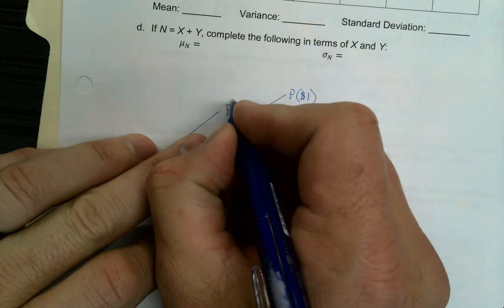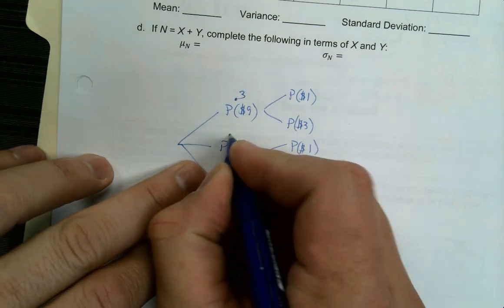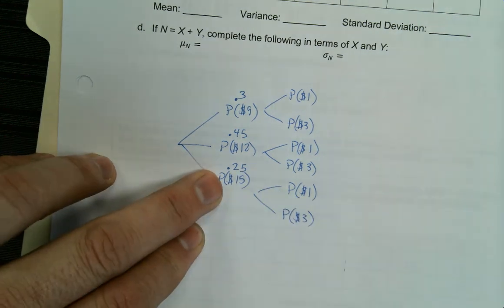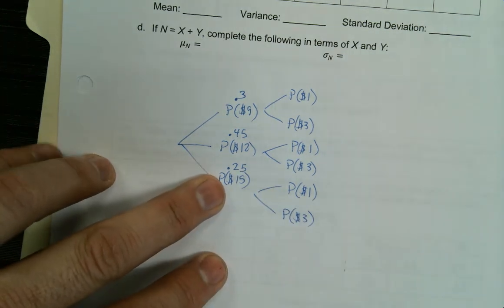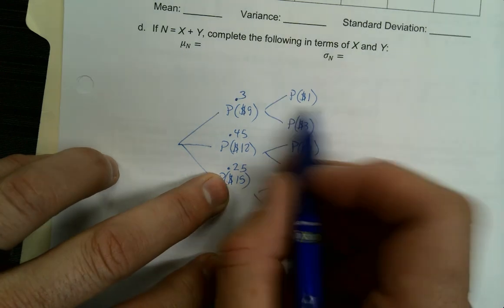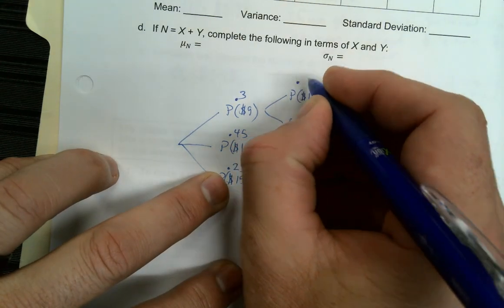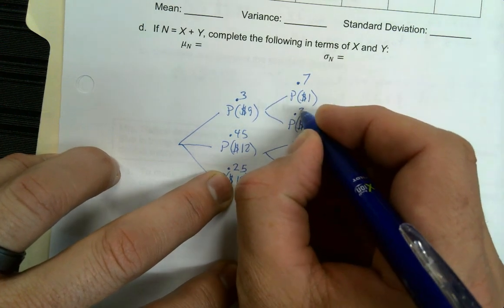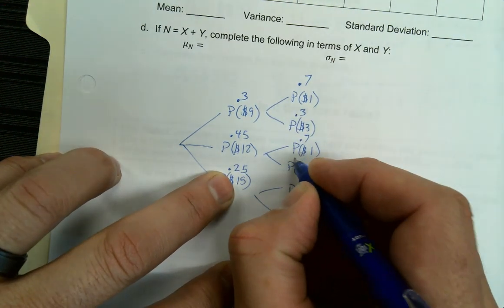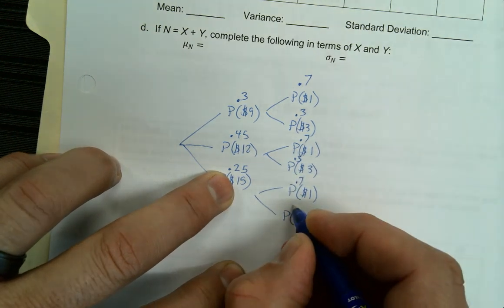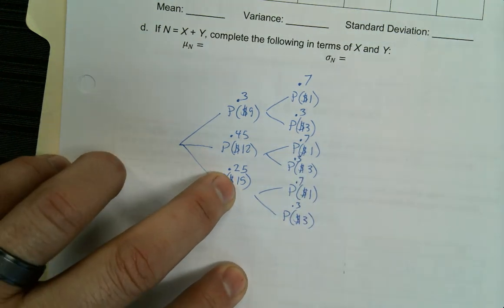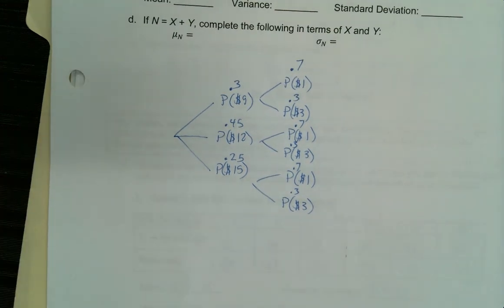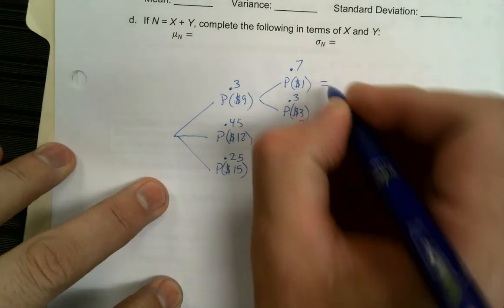So this probability was 0.3, 0.45, 0.25. My probability for the $1 an hour raise is 0.7, and those stayed the same all the way across here. Is everybody following with this, kind of reviewing and seeing how it helps us? So finish this out.